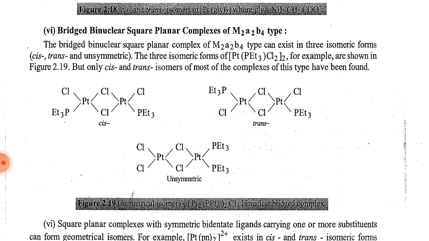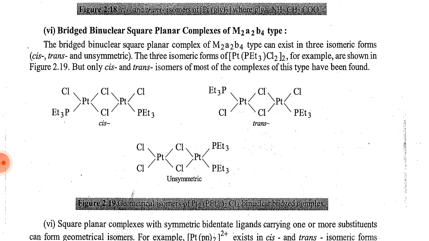But only the cis and trans isomers of most complexes of this type have been formed. So what does this kind of complex show, what can we learn, and how do these form geometrical isomers? This is the bridged binuclear square planar complex.